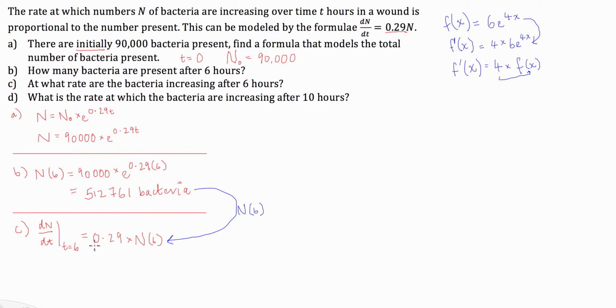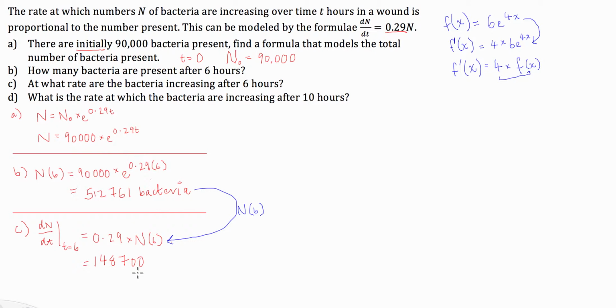So we then just go 0.29 times 512,761, and we get a number of 148,700. Now let me just check that, the number seems weird to me. 761 times 0.29.